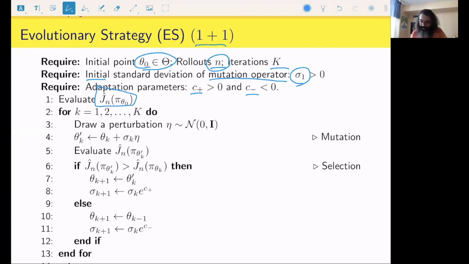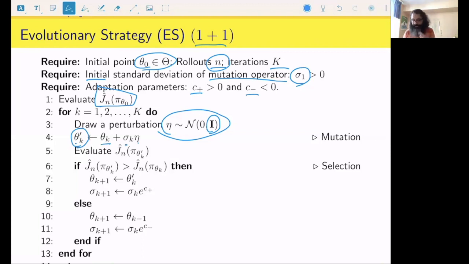Then for each iteration, we first generate a random vector from an isotropic Gaussian distribution, with the covariance matrix being diagonal, and then generate theta prime of k as theta k plus this noise multiplied by sigma k, the standard deviation.